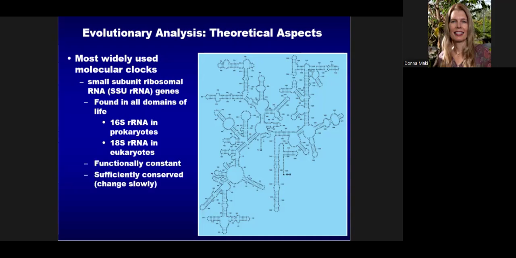Because it's pretty steady, constant, conserved, which means it doesn't change very quickly, and it has enough bases to have some good data to look at and see the changes. So this was a huge breakthrough in looking at phylogeny and trying to create phylogenetic trees.